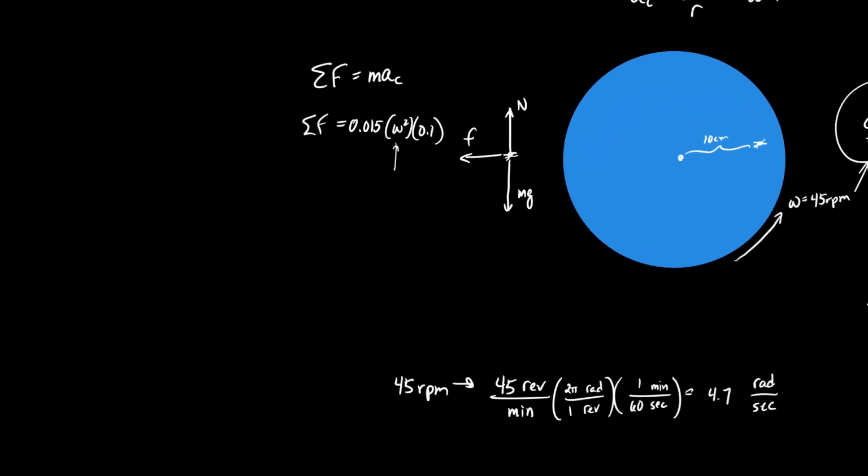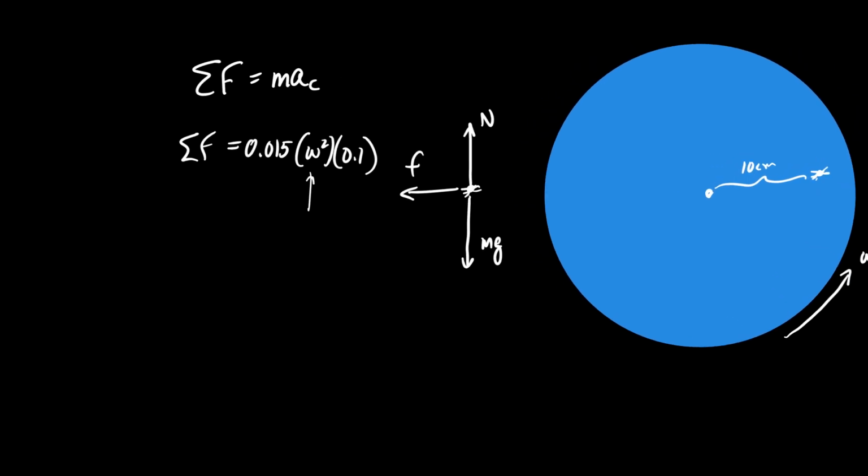All right, now let's get back to this problem. Net force equals 0.015 times 4.7 squared times 0.1. That is the net force acting on the bug. You will need to tell me what the net force is. No one has an answer?